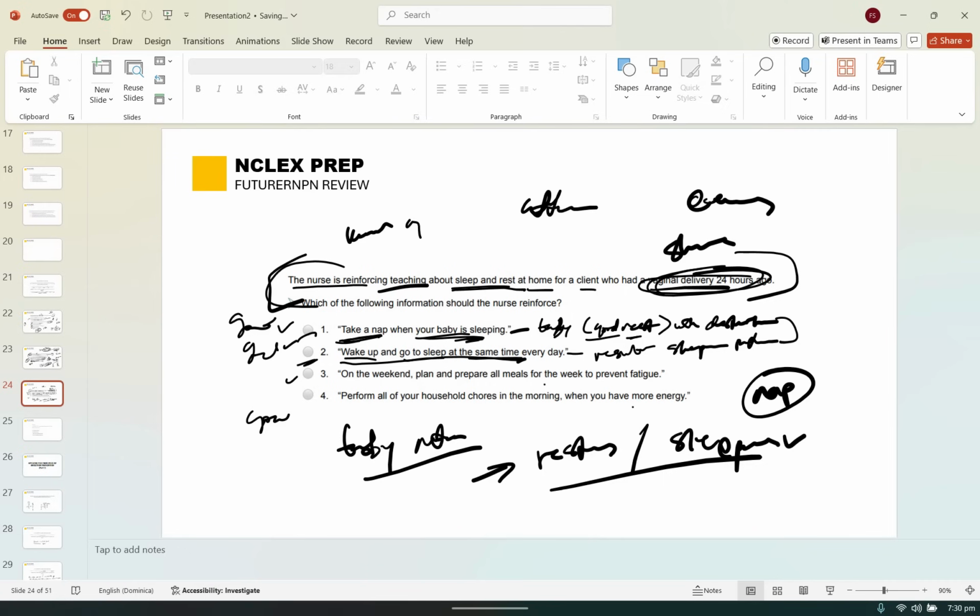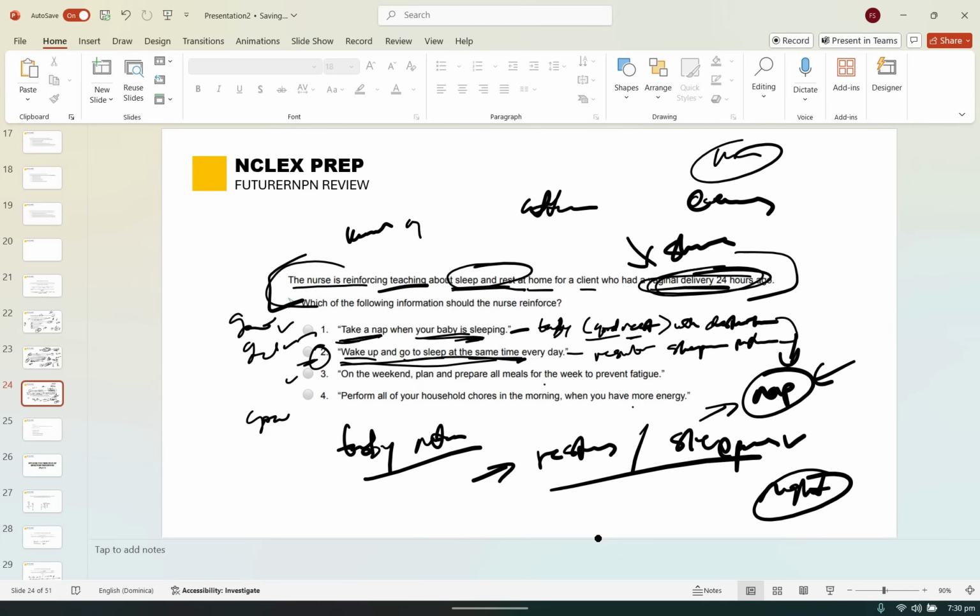The NCLEX is not saying you should take a complete sleep, right? Just take a nap. You still have your night sleep. But maybe in the morning the baby is sleeping, immediately just use that time to take a nap. So that way you are sleeping well and you are resting well to aid what? Accurate recovery.